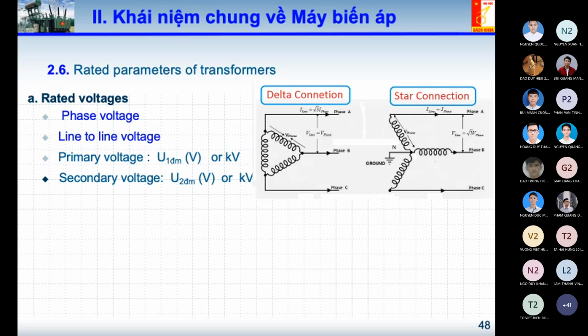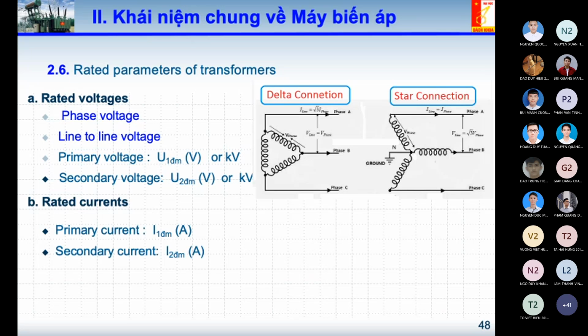Now we are talking about the rated currents. Rated means from the nameplate of the transformer. The primary current is the same way. Have a look here.